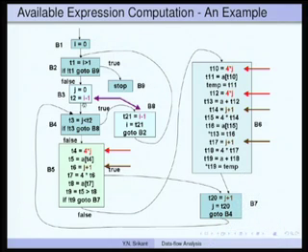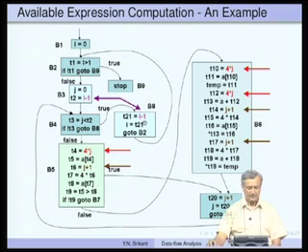Suppose you look at I minus 1: I minus 1 is here and I minus 1 is here as well. Let us look at the availability of I minus 1 at this point. We want to make sure, starting from the initial node, before reaching this particular point, the beginning of B8, that I minus 1 is evaluated and then I is not redefined.